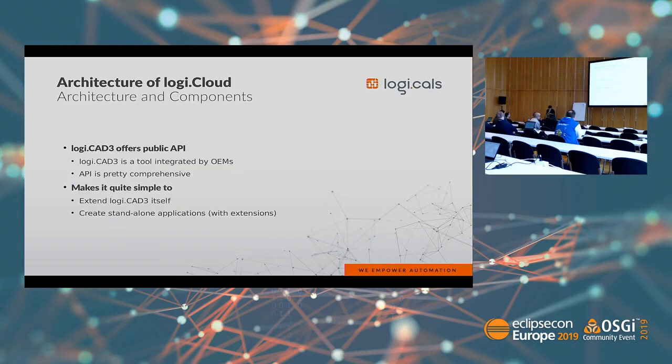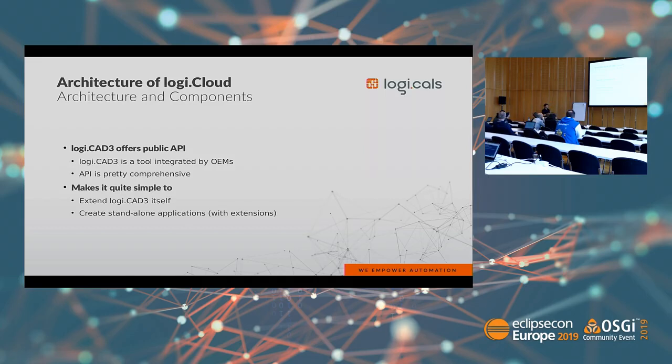So why is it possible that so many components could be reused? Logic 3 is actually a product, it's not the final product. Logic 3 is a product that's usually branded by OEMs, and they distribute and sell the product under their name. So what we did is create a public API for Logic 3 that allows OEMs to extend the IDE by almost any functionality they want to implement.